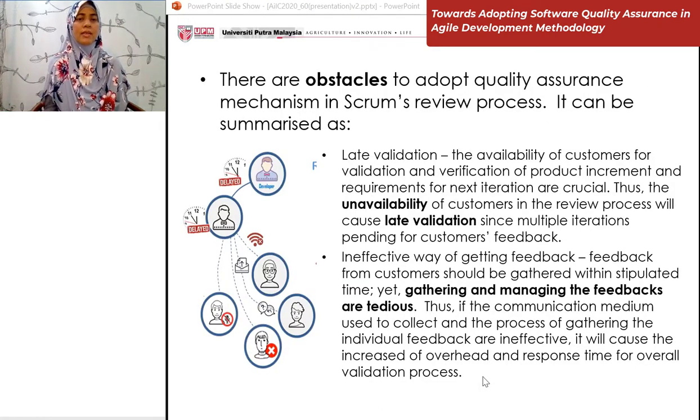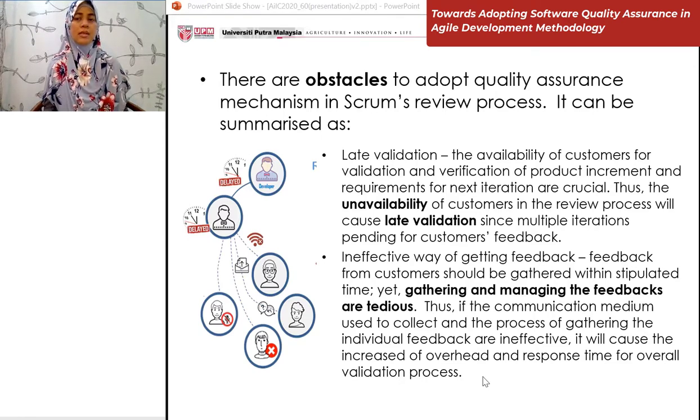So we found that there are obstacles to adopting quality assurance mechanisms in Scrum's review process from our literature review. It can be summarized as these two obstacles, the first being late validation. The availability of customers for validation and verification of the product increment and requirements for the next iteration is crucial.